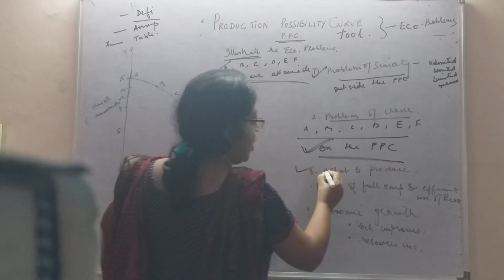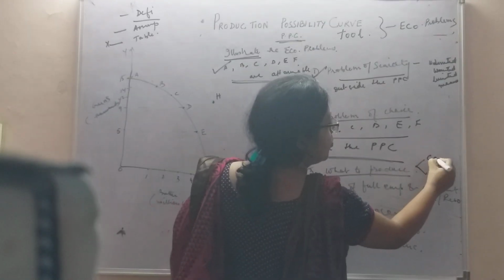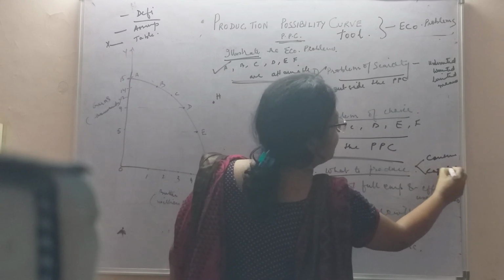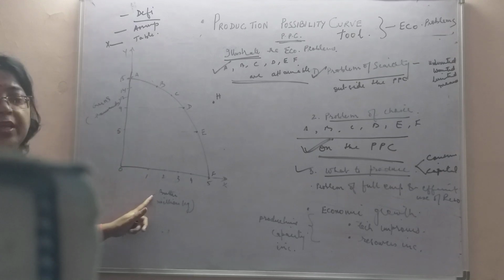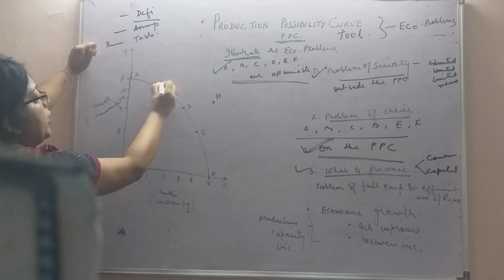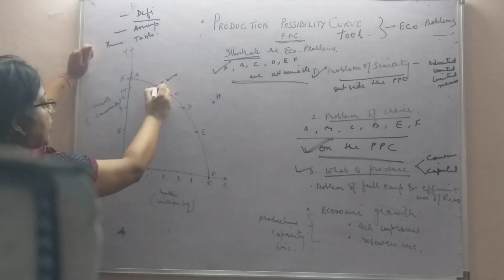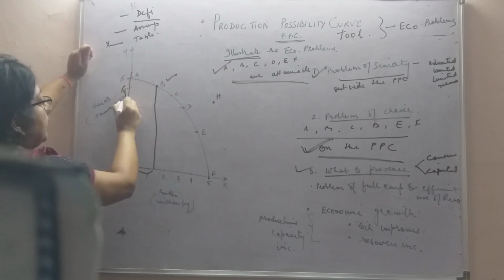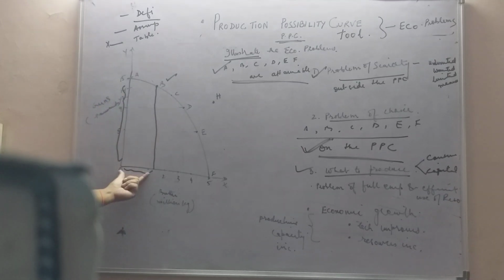Now, what to produce? Another problem: a country has to decide which goods to produce, whether it wants to produce consumer goods or capital goods. That's why here they have taken the example of butter and guns, because guns indicate a capital good and butter indicates a consumer good. So suppose a country decides to produce combination B. See here the amount of guns a country is producing and the amount of butter it is producing.